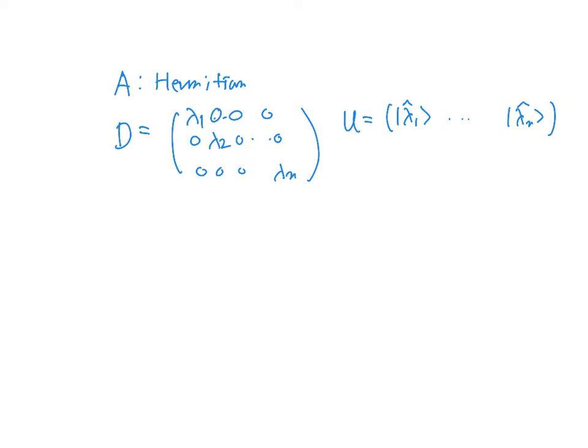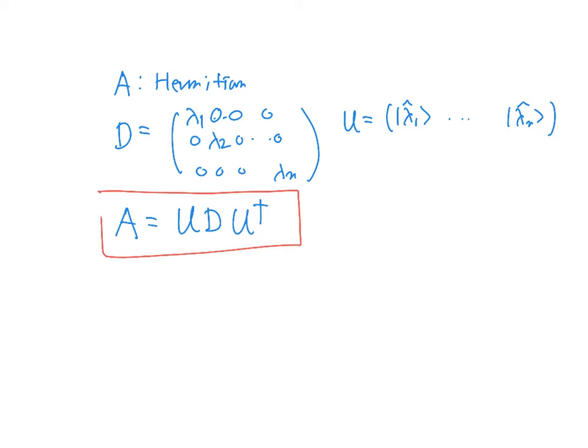Then A can be represented as U D U dagger. So this is a different form of the spectral theorem, sometimes more convenient.